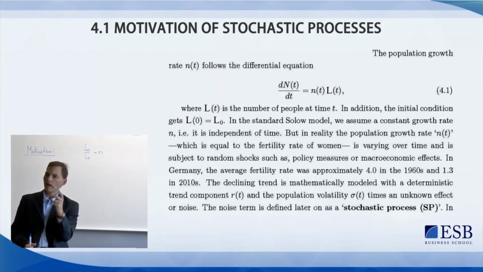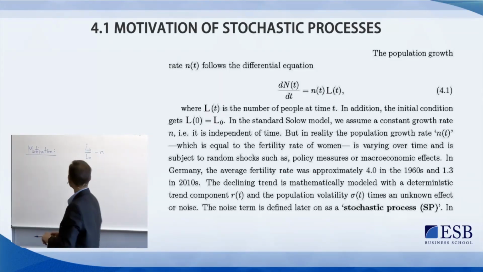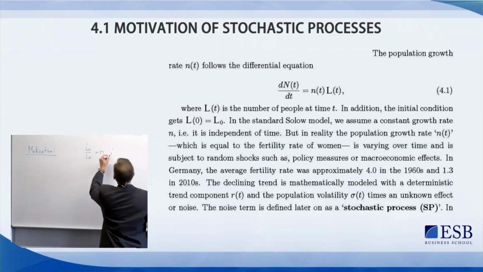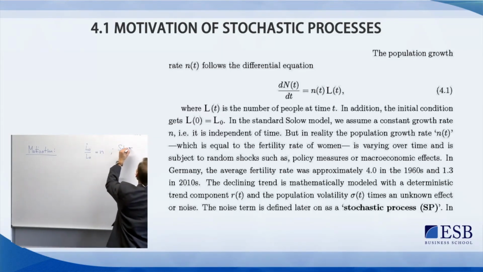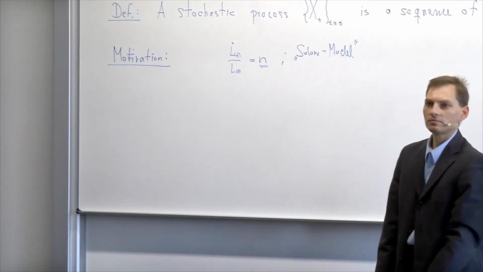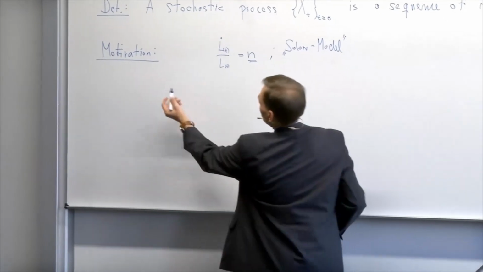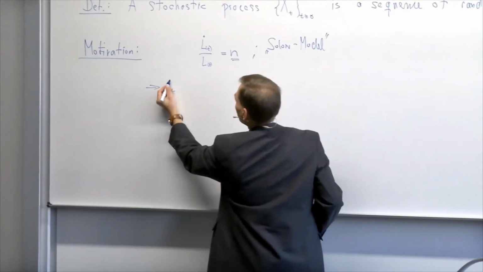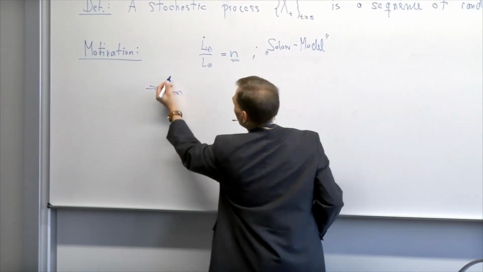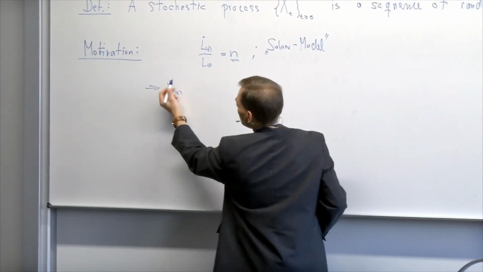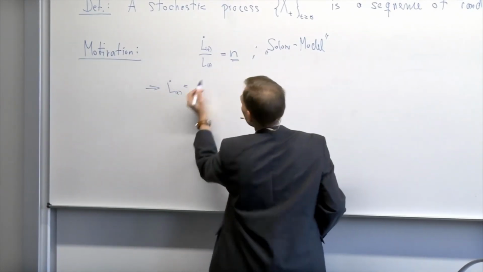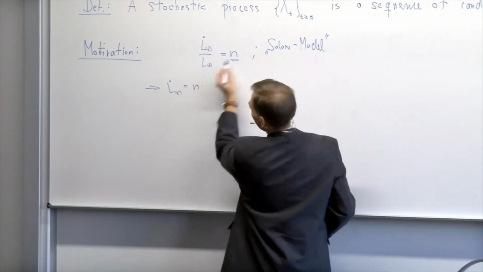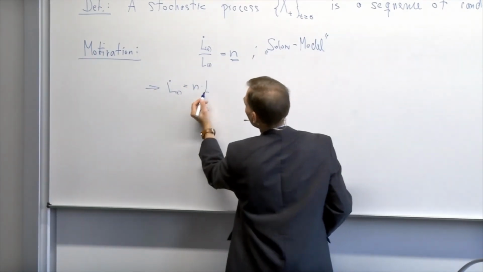That is an assumption we used in the Solow model in macroeconomics in the third semester. We assume that this growth rate is constant. If I rearrange this equation a little bit, we can say L_t dot is equal to n times L_t, moving the L_t to the other side.